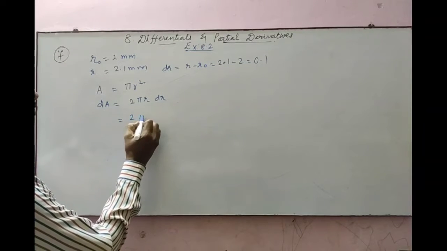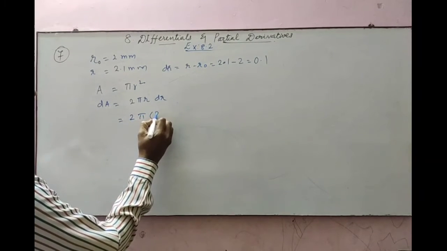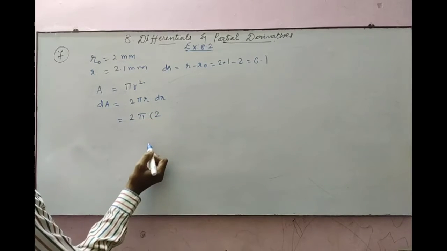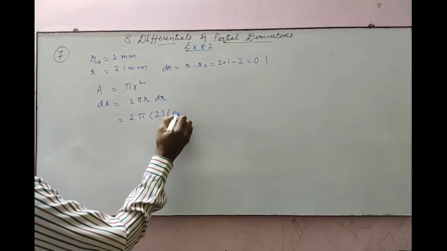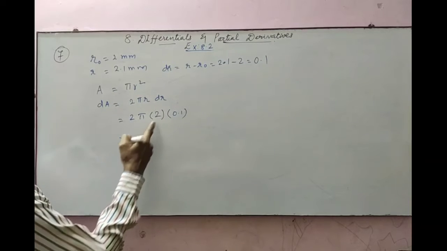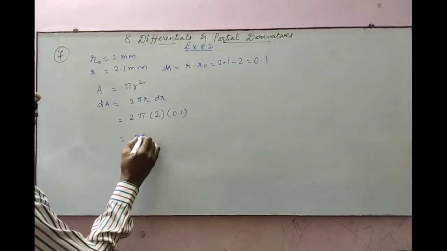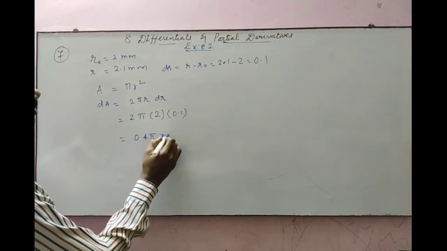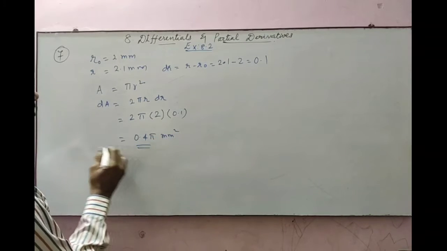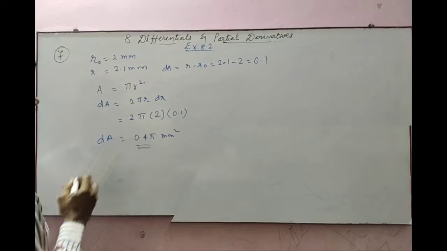Substitute those values. 2 into pi into r is 2 and then 0.1. So 2 into 2 is 4, 4 into 0.1 gives 0.4 pi mm square. So this is the change in area.